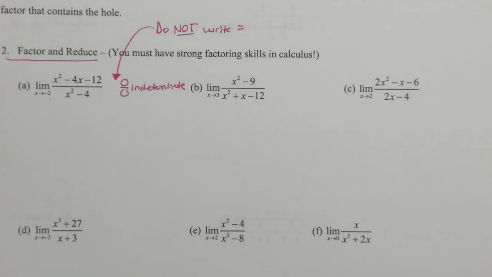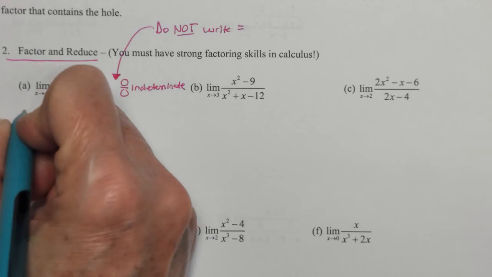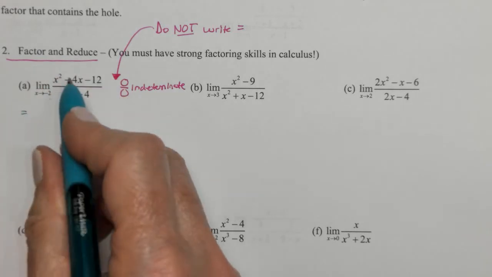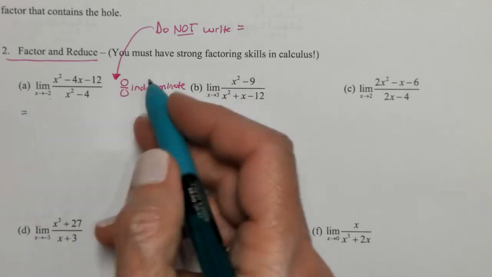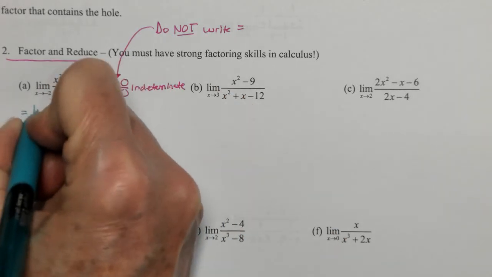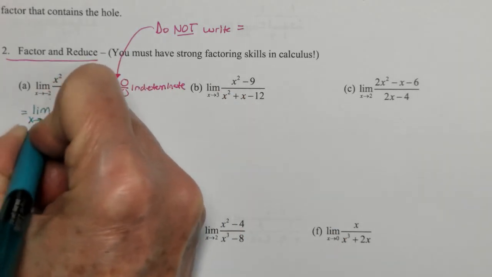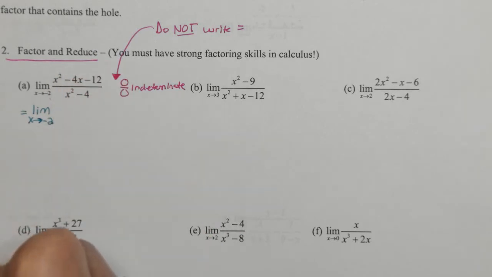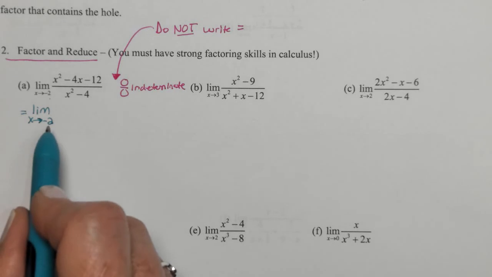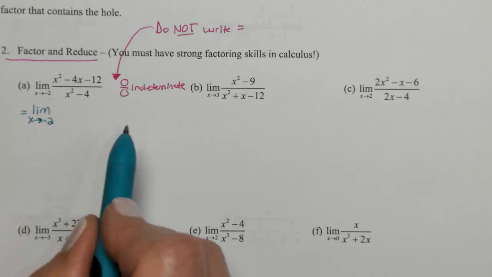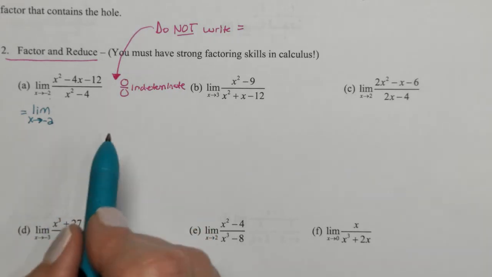Alright, so what we do is we're going to go and factor. Since we tried to plug in, but we weren't successful, we have to manipulate. We have to keep writing this limit. You must keep writing limit every time until you can plug in this x value and get a real number, get an answer.